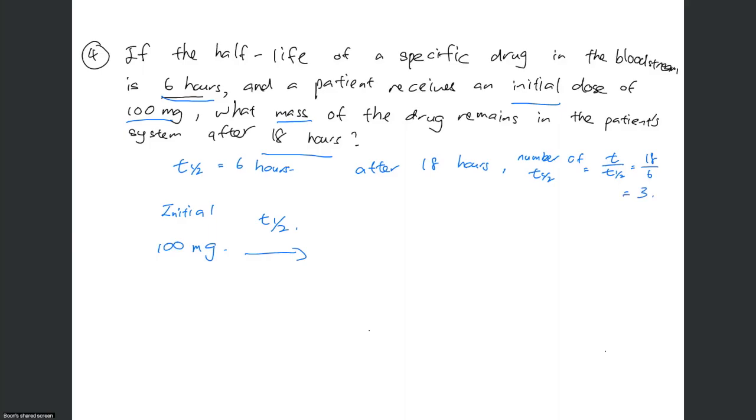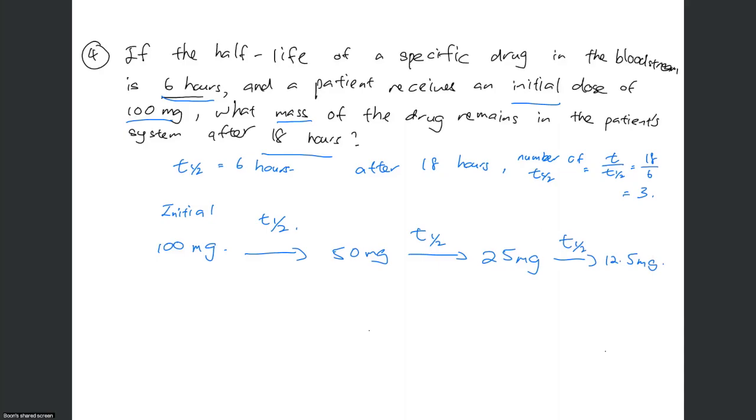So we need to go through 3 half-lives. After the first half-life, it will be 50 milligrams. The second half-life will bring it down to 25 milligrams. And then we need one more. It will bring it down to 12.5 milligrams.